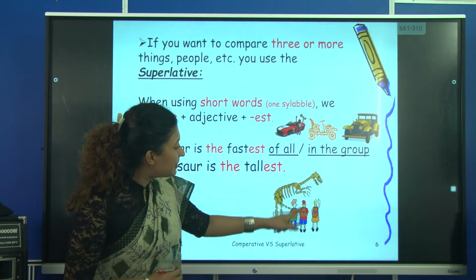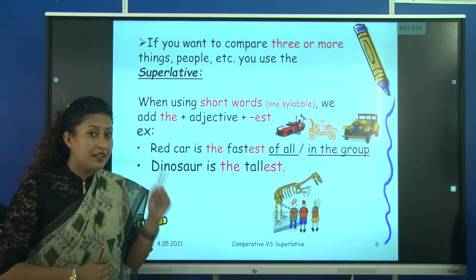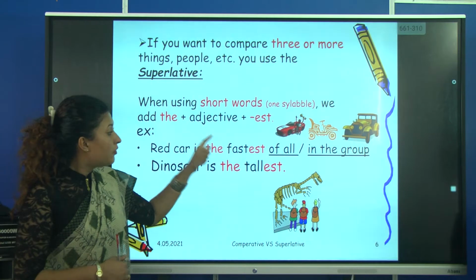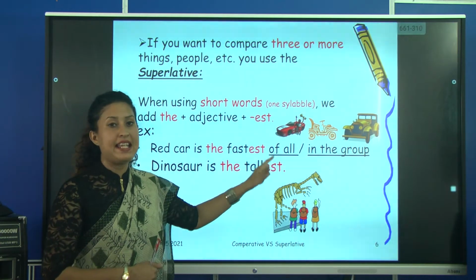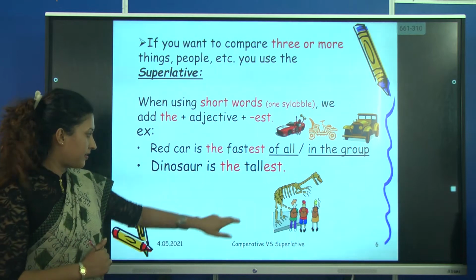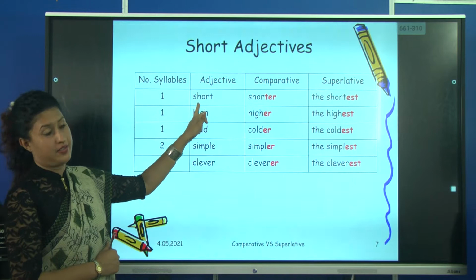So, who is the tallest? Now, tall is the adjective. To that, we have added est and converted it into a superlative adjective. Now, let's see some examples. Okay? Short.